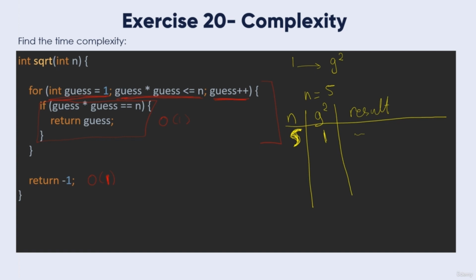Again it goes up, n still equal to 5. Guess is increased by 1. Now guess is equal to 2. 2 times 2 is equal to 4. So guess square is equal to 4. 4 less than 5, yes. It goes here: guess square equal to n, return guess. No, it is not the case. So 4 equal to 5, no. So it will not execute anything.